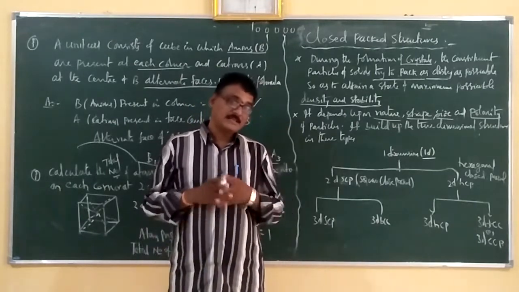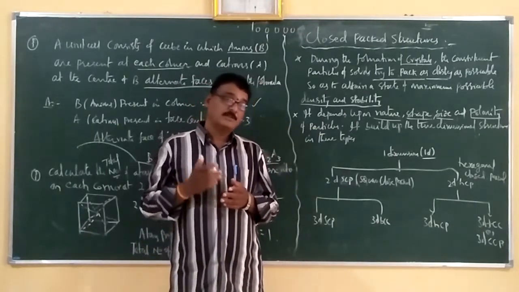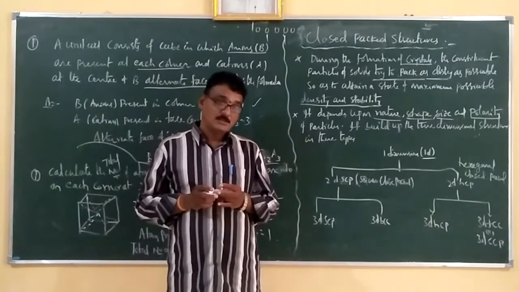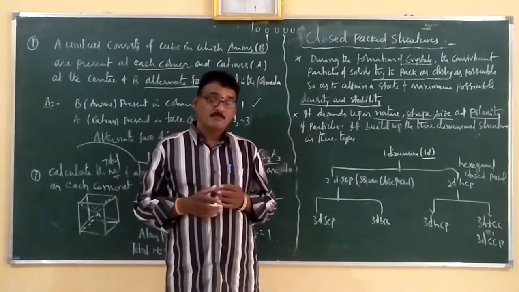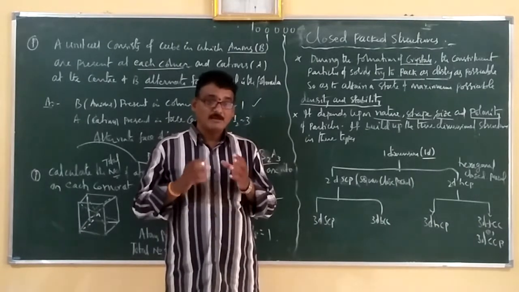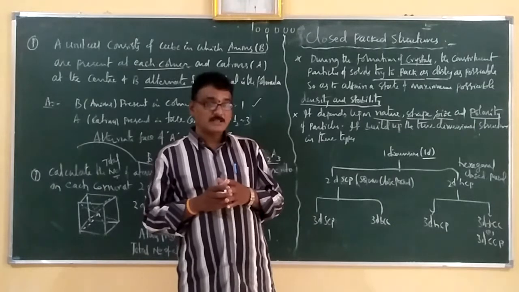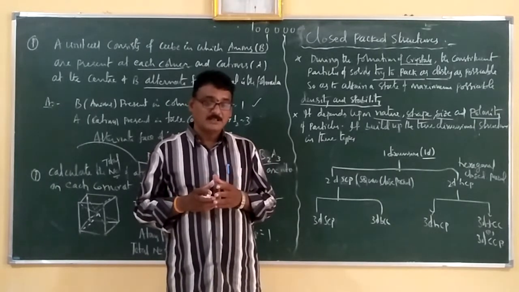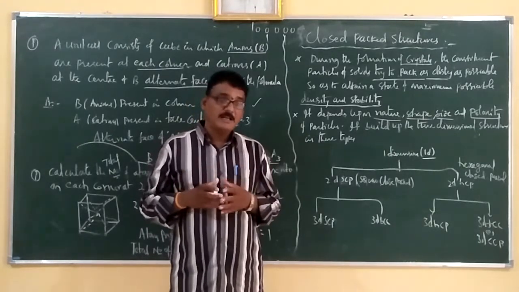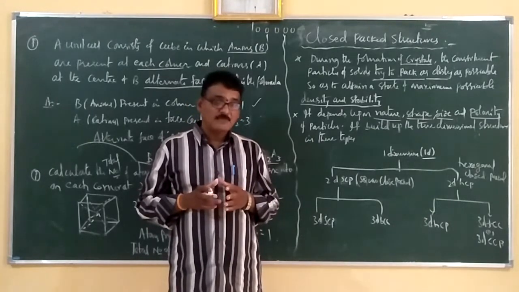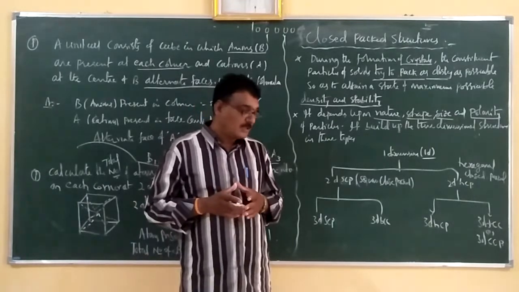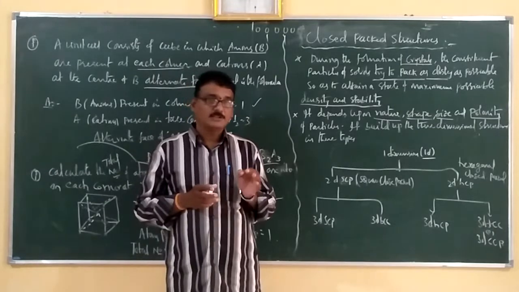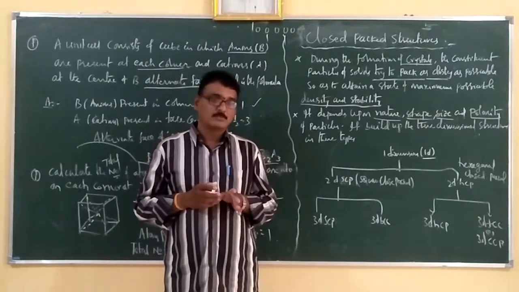First, you are learning the terminology of the different types of solids: one-dimensional, two-dimensional, three-dimensional. From the next class onwards, we will cover each of these with examples and diagrams.